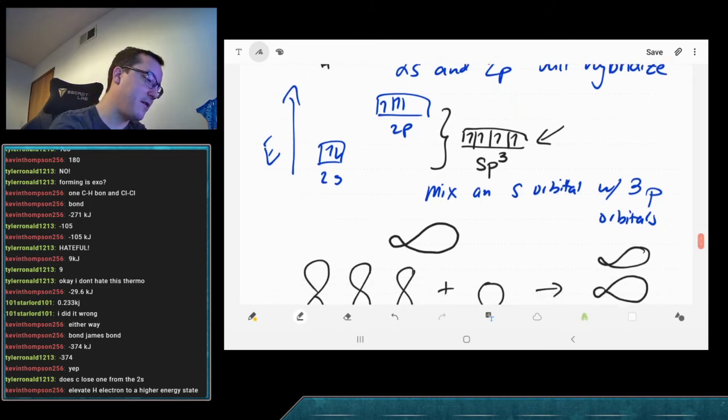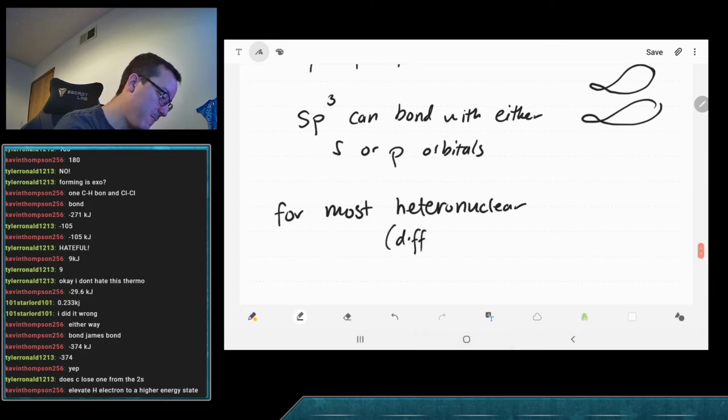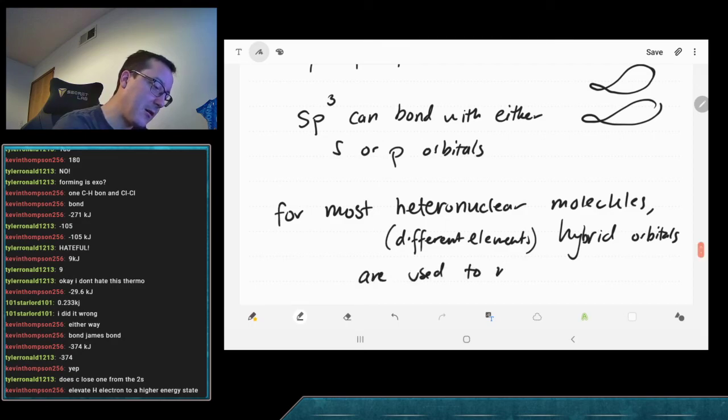Let's just say this: for most heteronuclear molecules, that means different atoms, different elements, hybrid orbitals are used to make single bonds.